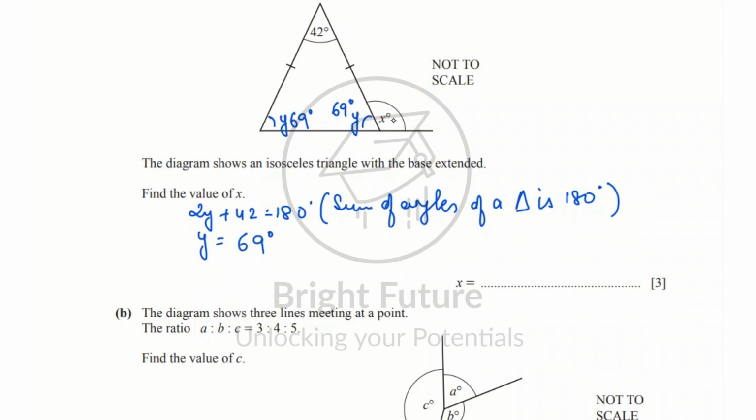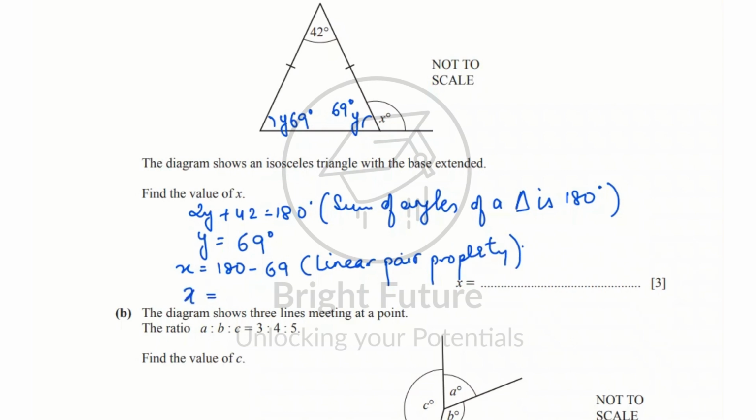Now finding this x is easy. x equals 180 minus 69. This is the linear pair property: a straight line, 2 angles.